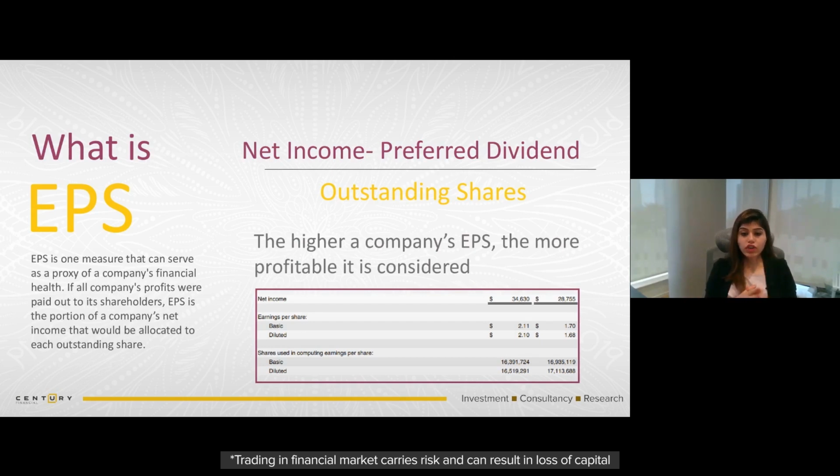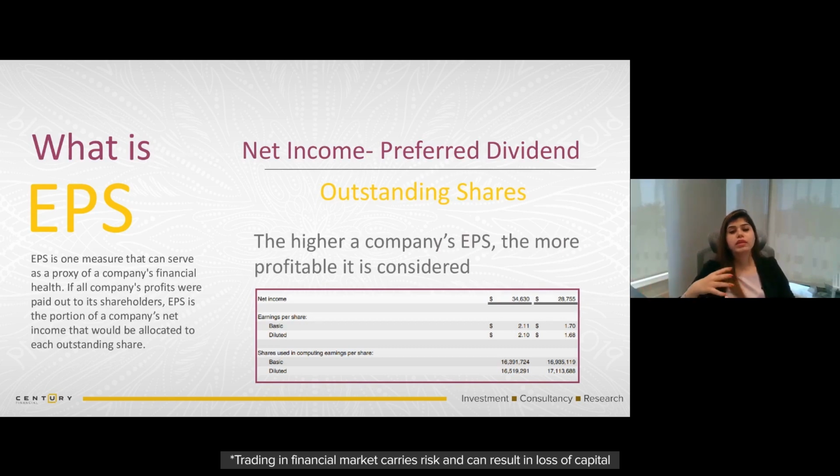It depends upon the dividend policy that the company follows. So earnings per share is not the dividend. Dividend is something that you receive. Earnings per share just gives you a picture of how effectively the company is utilizing your funds. So it's basically a proxy of the company's financial health. It also says that if all the profits were paid out to the shareholders, earnings per share is the portion of the company's net income that would be allocated to each outstanding share.